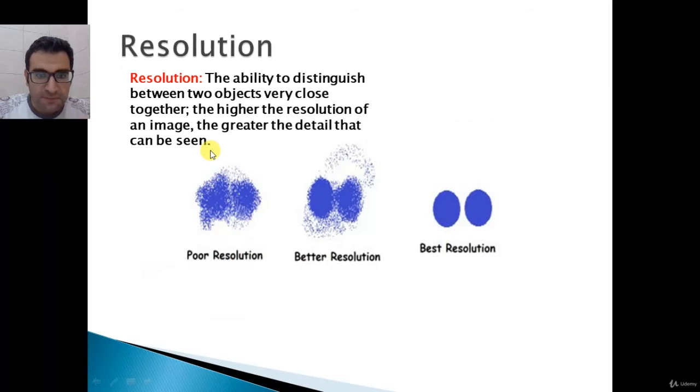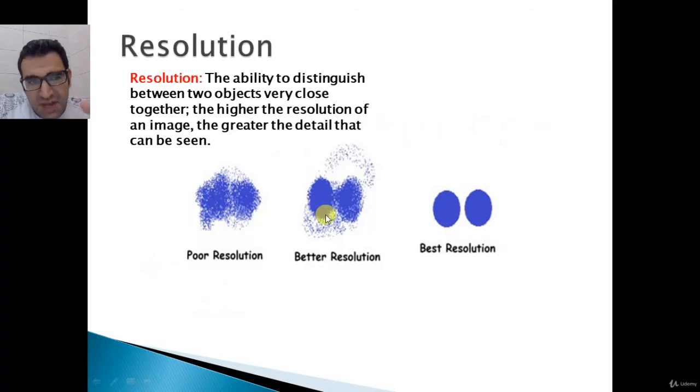Look here, for example. We have two objects that are very close to each other. If we have a very high resolution, we can distinguish those two objects as two separate objects. However, if we have a poor resolution, they cannot be separated and distinguished as two individual things. They are seen as one thing. We have a blurring, a fuzzy picture.